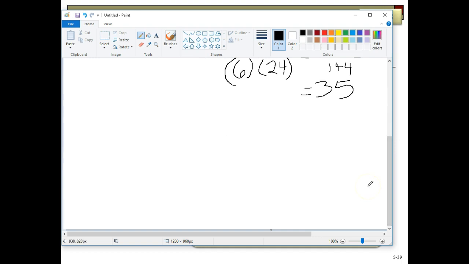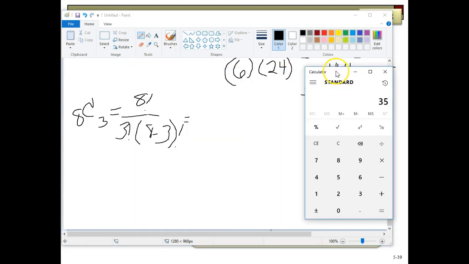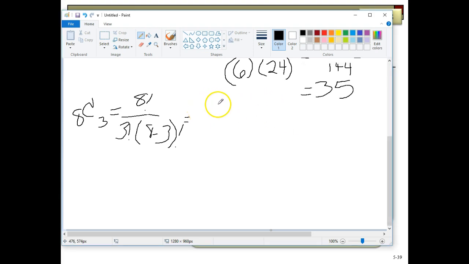So if we go through here, and if we had 8 total, and we were still choosing 3, we had 8 factorial on the top, 8 minus 3 factorial. Okay, so I'm going to pull up the calculator. 8 times 7 times 6 times 5 times 4 times 3 times 2 is 40,320.